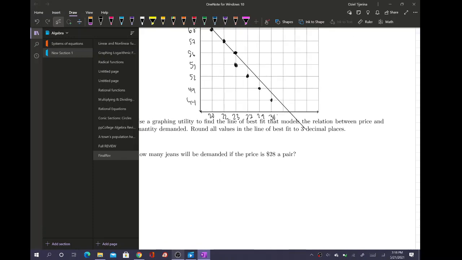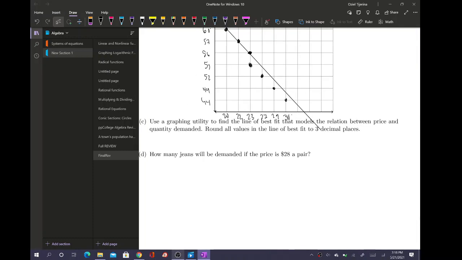But anyways, the data that models this function in reality is, so let's see, f of x equals negative 1.336x plus 86.197. This is the function that best models this data.